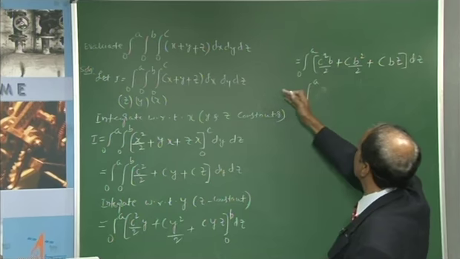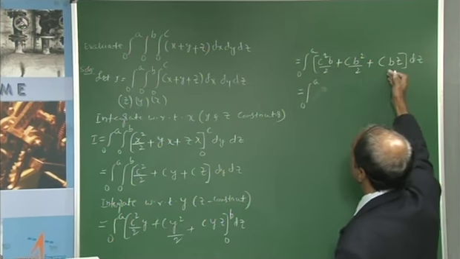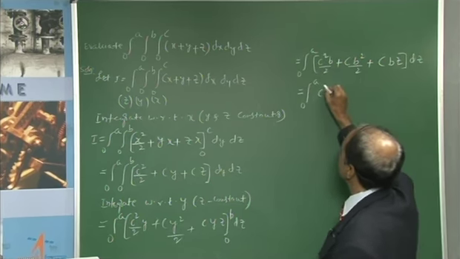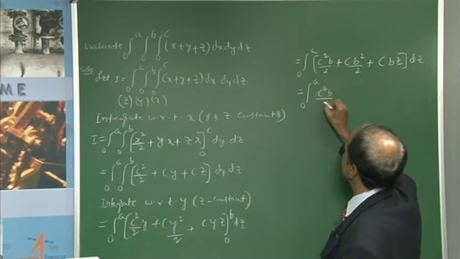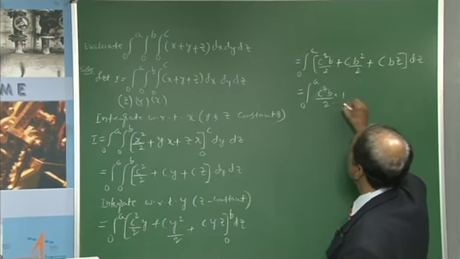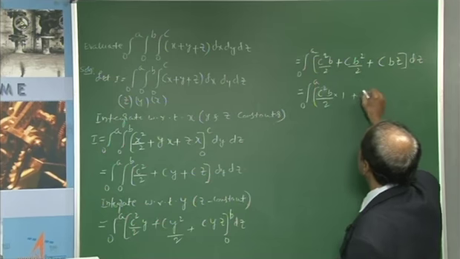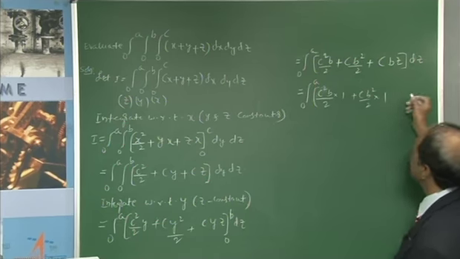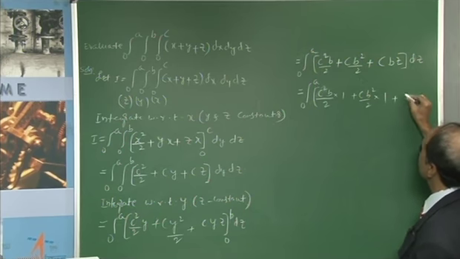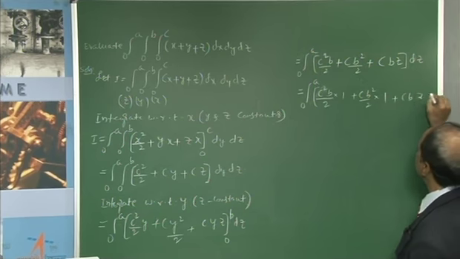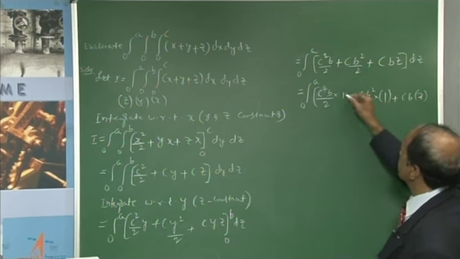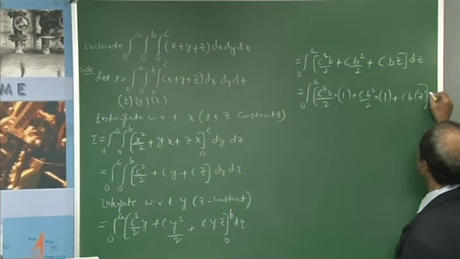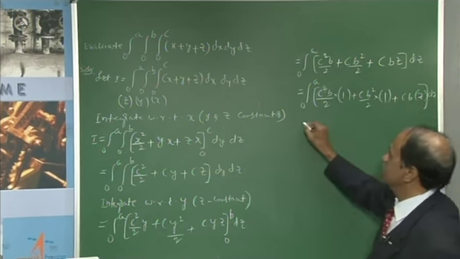Otherwise, you can take 2 common. Therefore, the same c square b, that is 2 into 1 you can take here, plus c into b square by 2 into 1, which you can integrate, and plus c into b and z you can integrate. This should be dz.